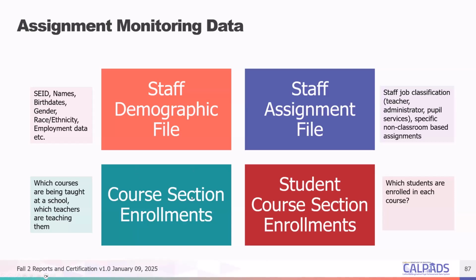Then you have your course content, of course, which is significant, and the job assignment, which represents the authorizations a staff member has. A principal may have an administrative credential as well as a former teaching credential. So they're authorized to be the principal as well as teach courses on an itinerant basis, perhaps, right? So these four files, everything except for the PSTS, is used in assignment monitoring.